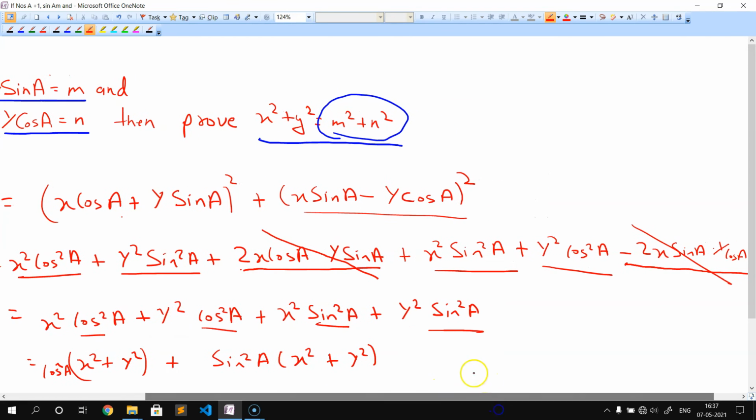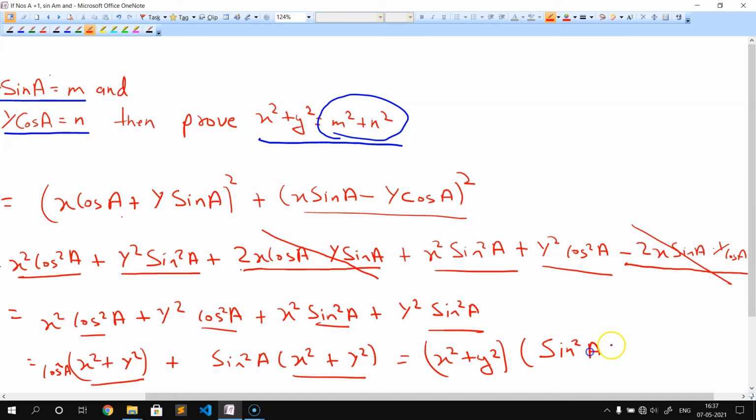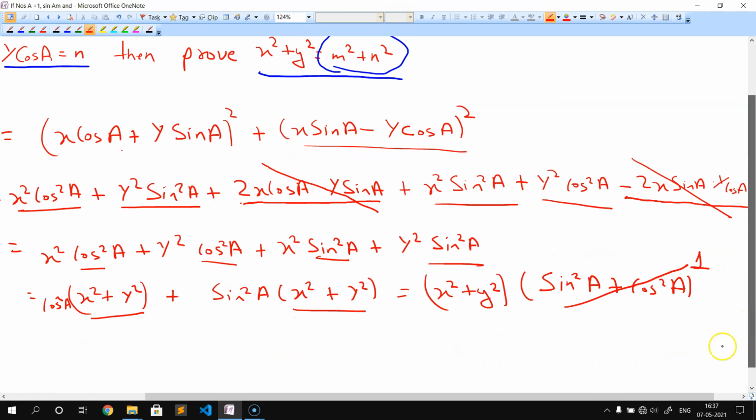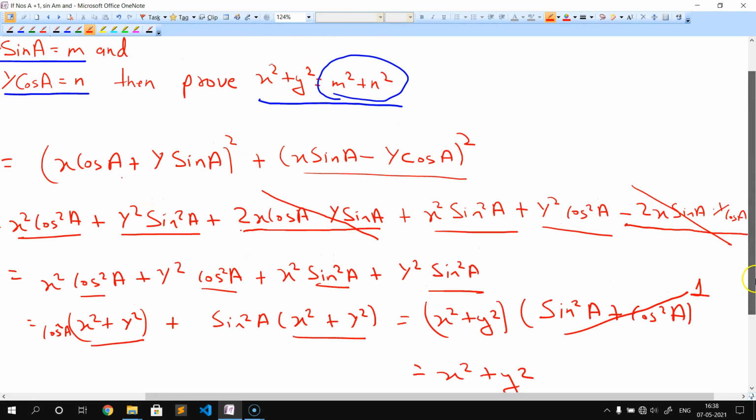And now we will take x square plus y square common from both, so x square plus y square is common and left will be sin square a plus cos square a, which is equal to 1, and we will be left with only x square plus y square. That's what we have to prove in the question.